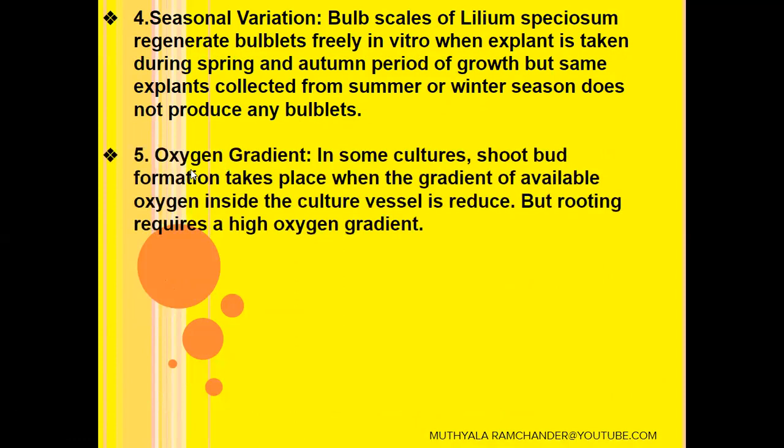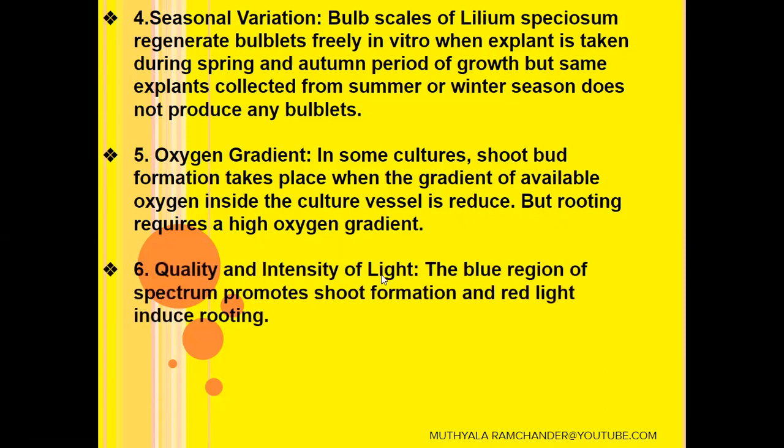Fifth point about factors of organogenesis, oxygen gradient. In some cultures, shoot bud formation takes place when the gradient of available oxygen inside the culture vessels is reduced, but rooting requires a high oxygen gradient.